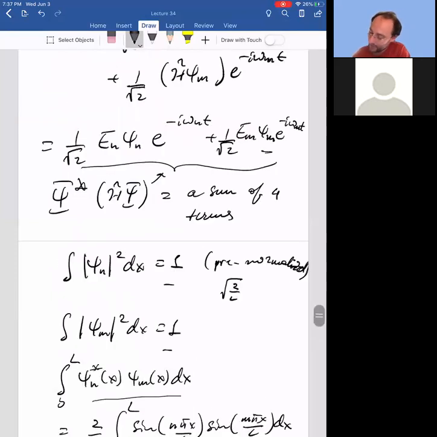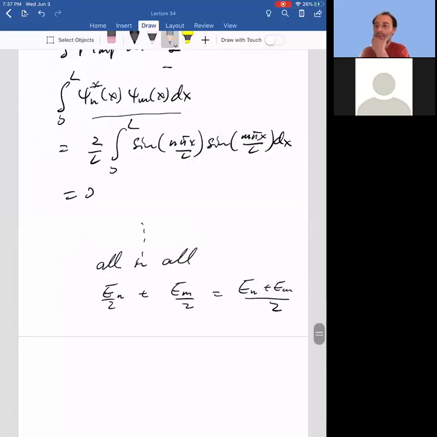Notice that if your prefactors here were not 1 over root 2 and 1 over root 2, it would not be given by this form. And you look at it and you say, wait a second, I knew this. I knew that it should be this answer.